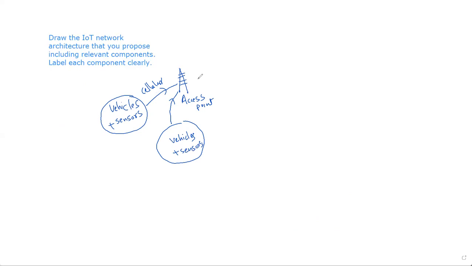And then, if you're connecting to a base station, for example, the base station will be connected through wires to the core network, and then it will be connected to the internet through certain routers and switches.